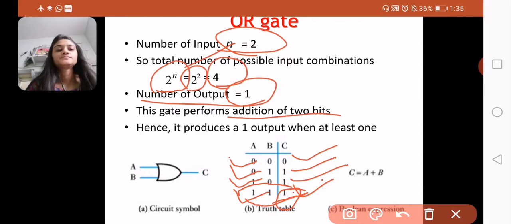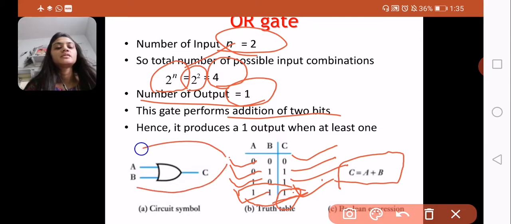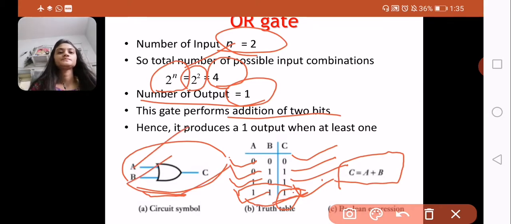So 1 means you have to consider it as logic 1, not the number or the value 1. So the equation will be C is equal to A plus B, addition of 2 bits. And you have to remember this symbol: A and B are 2 inputs, C is the output.